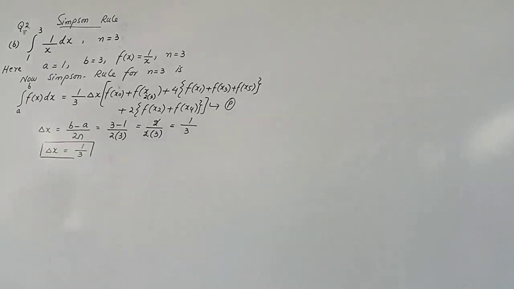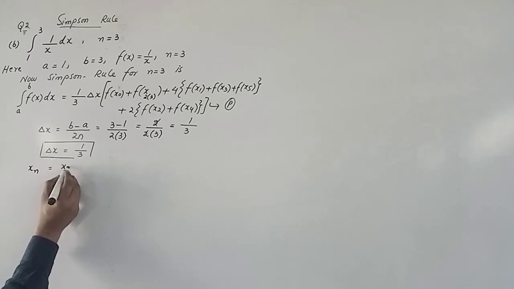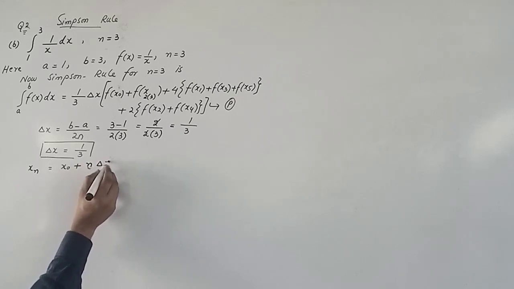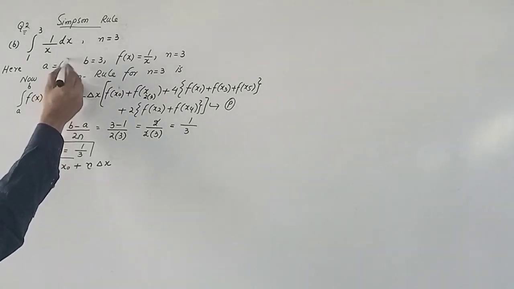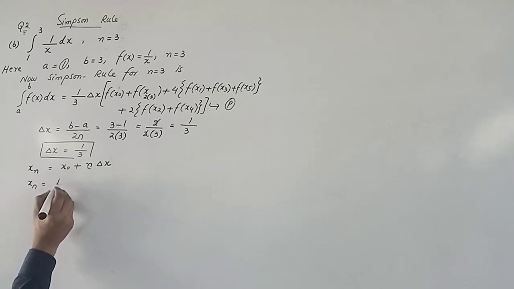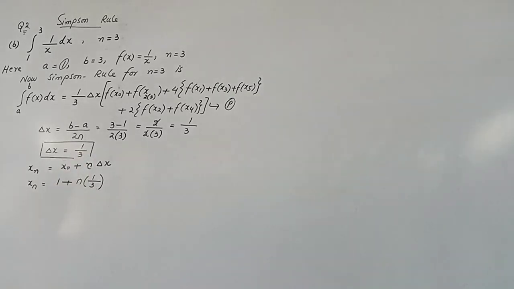Now x n, since x n is equal to x naught plus n delta x, so what happens, in place of x naught we put 1, x naught is 1, so x n is equal to 1 plus n delta x, delta x is 1 divided by 3.